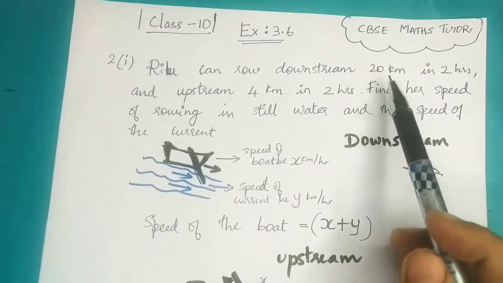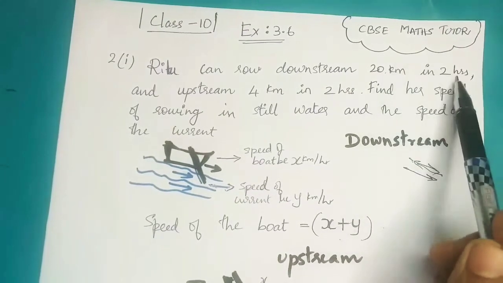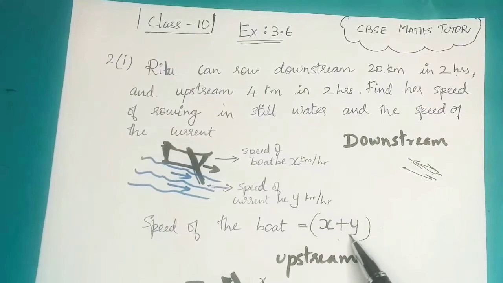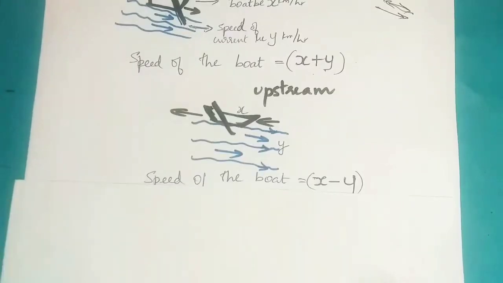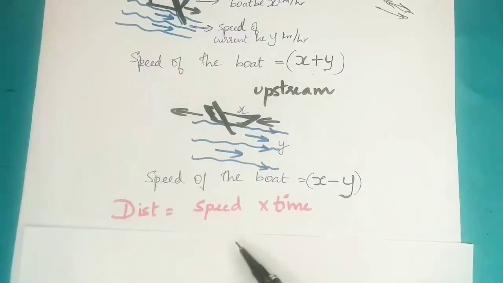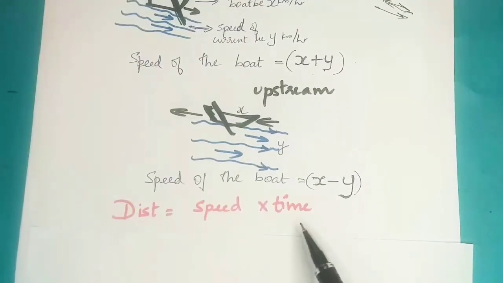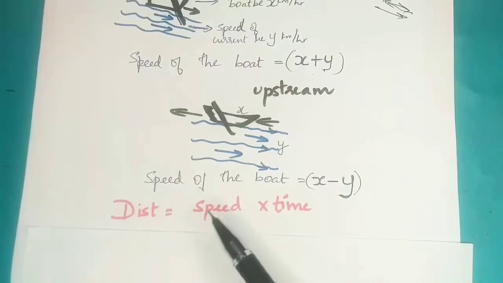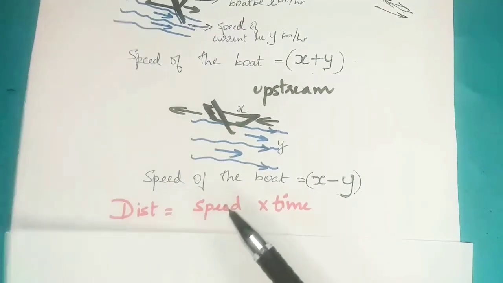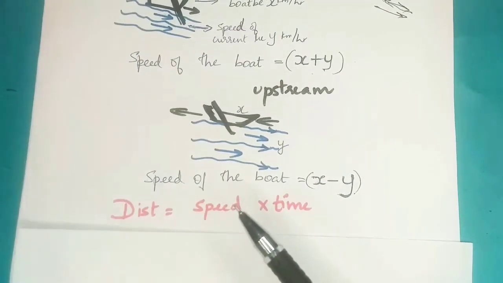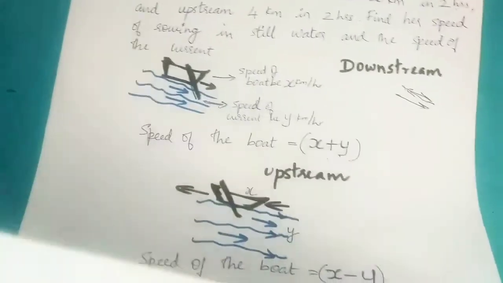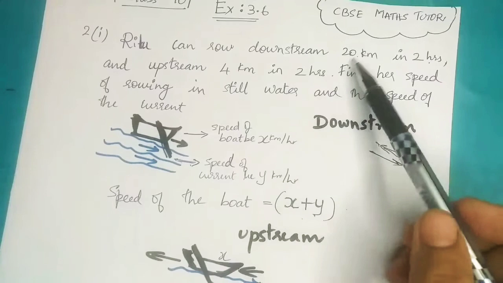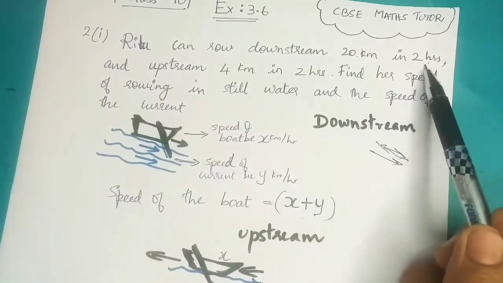In the first case, the distance is given, time is given, and we have the speed as well. So we take the formula distance is equal to speed into time. The distance traveled downstream is 20 kilometers and time is 2 hours.